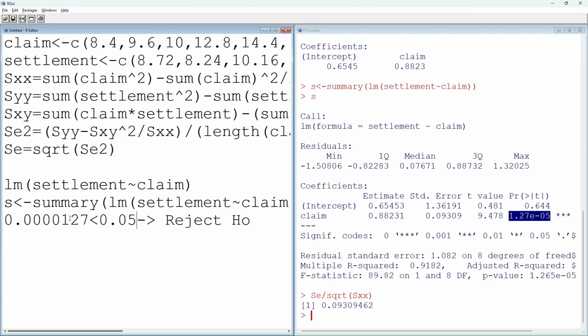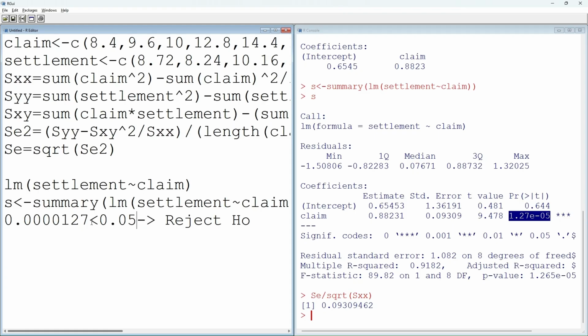So if it is less than 0.05, we reject the null. As simple as that. If the value is greater than 0.05, we do not reject the null.